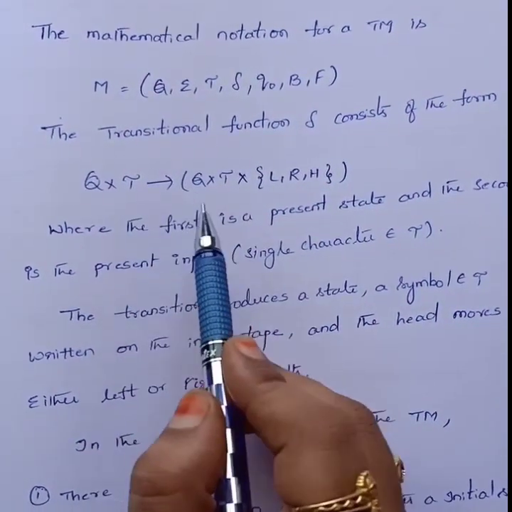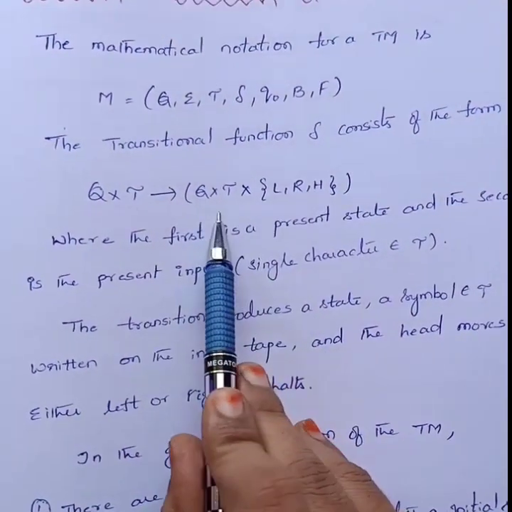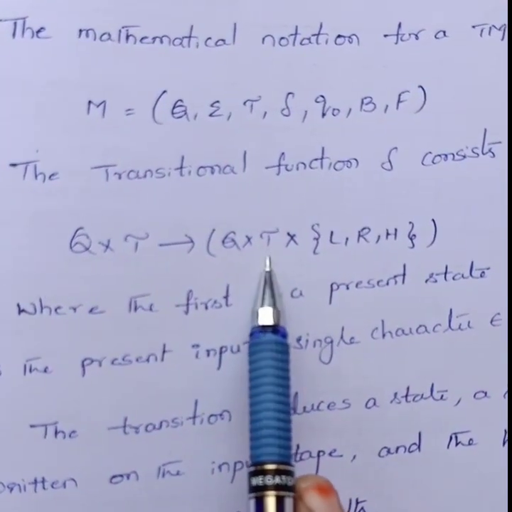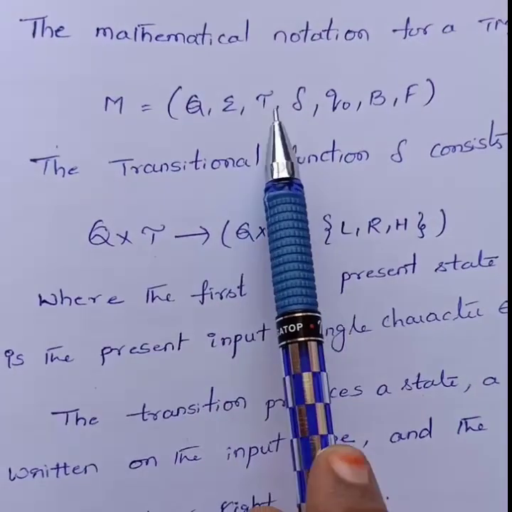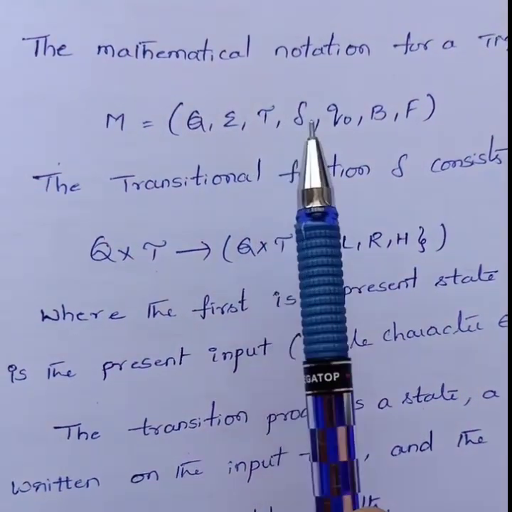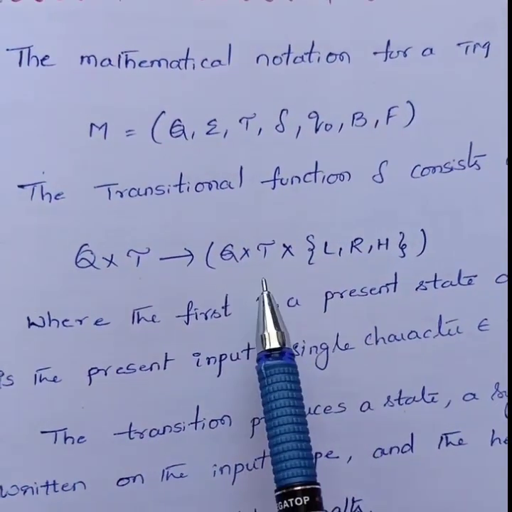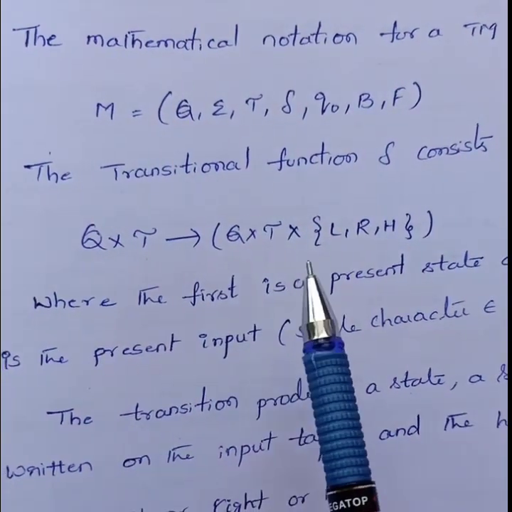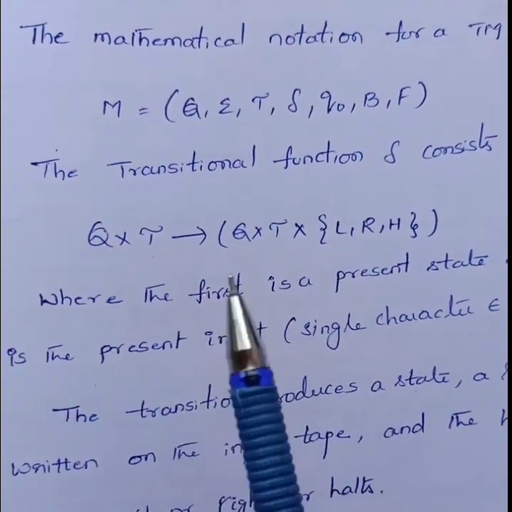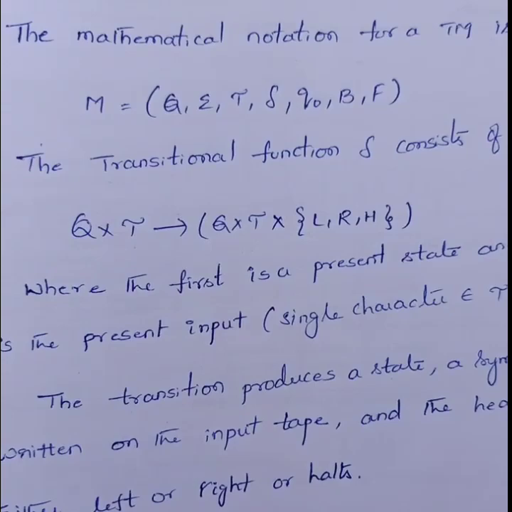The production gives a new state and a symbol belonging to Gamma, which is written on the input tape, and the head moves either left or right or halts.